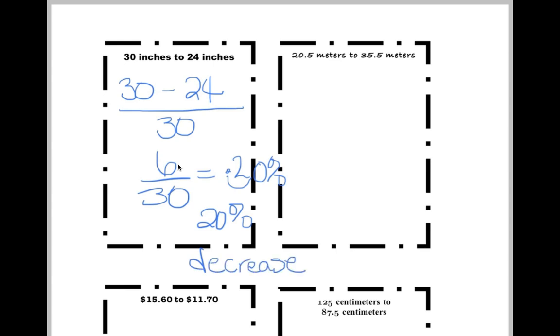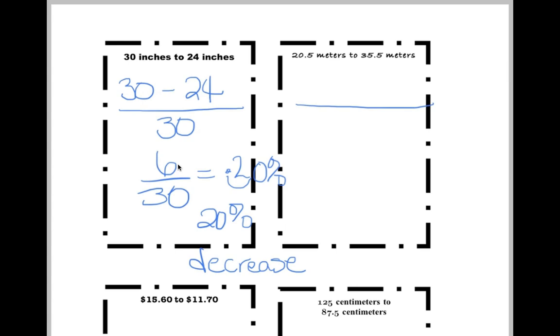How about this one? 20.5 meters to 35.5 meters. This is a percent of increase, so we put the new amount minus the old amount.